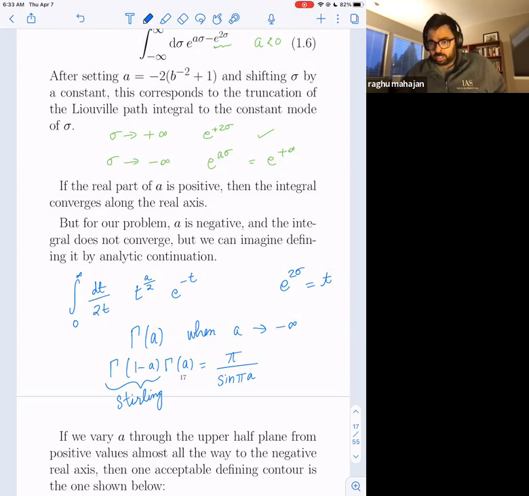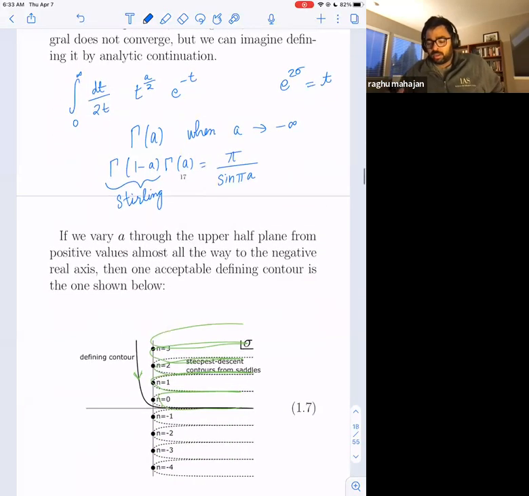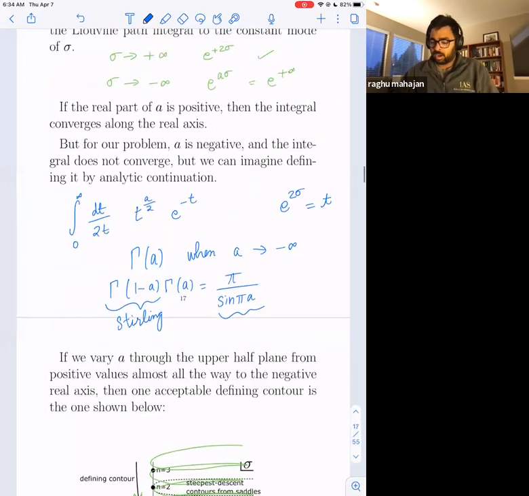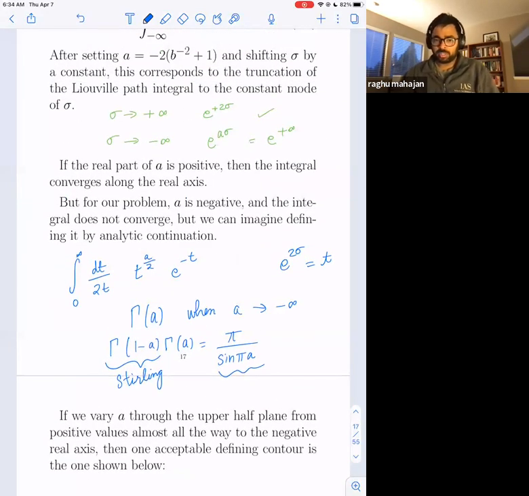So essentially what this procedure here is doing is giving the asymptotics of gamma of a when a is minus infinity without using this reflection formula. So you can see it's like a sort of first principles derivation of asymptotics of gamma of a when a is negative infinity. So you can think of it that way, and then this sine of pi a factor is not mysterious. And a was precisely this 1 over b squared. So it's like sine pi over b squared.